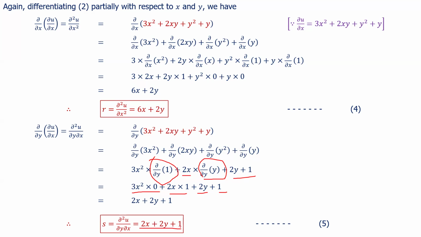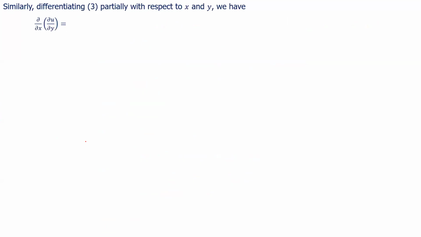So this is the second order partial derivative of u with respect to x and then y. So let us again do the partial differentiation of del u del y with respect to x and with respect to y.